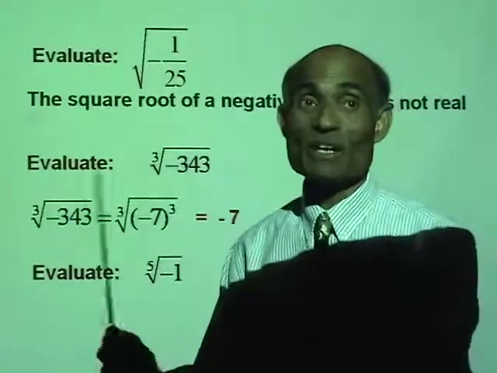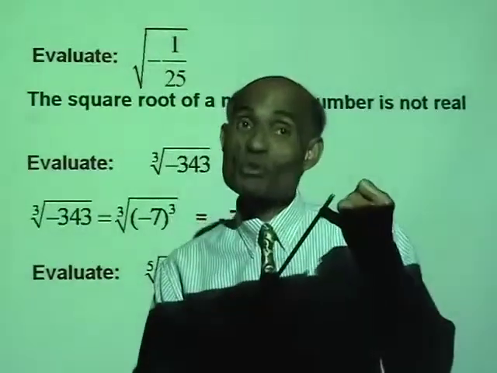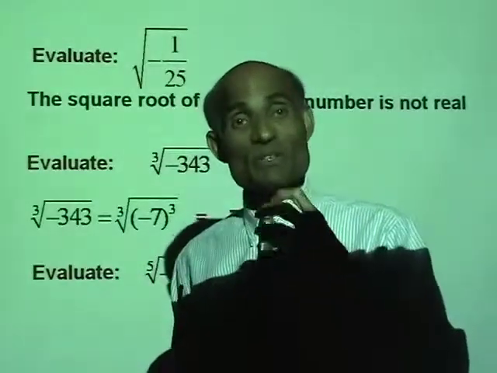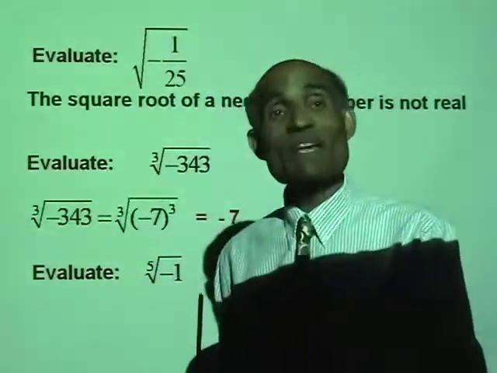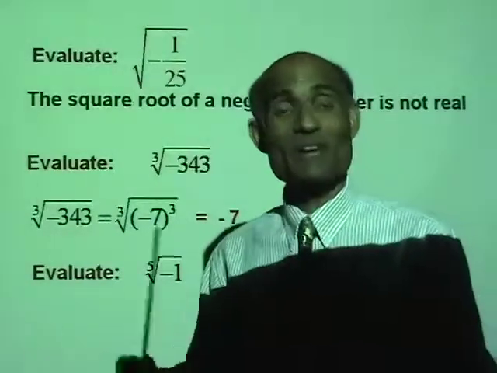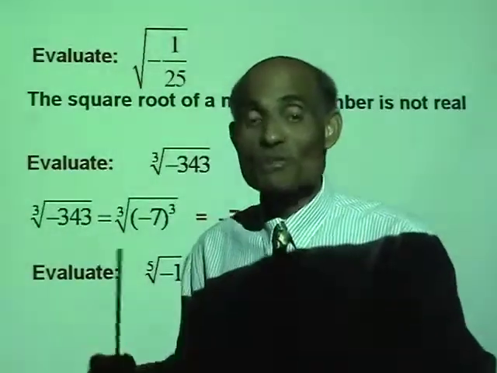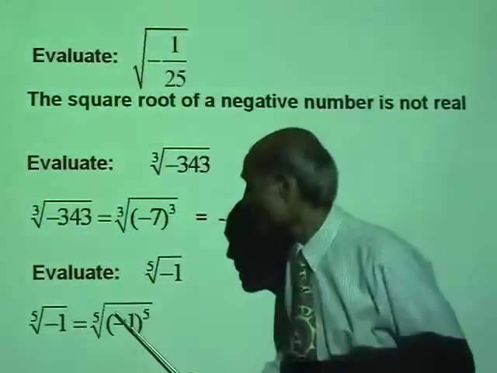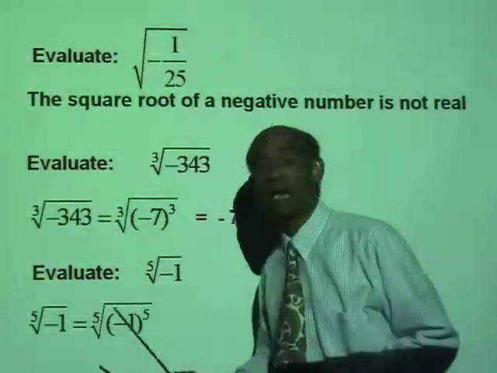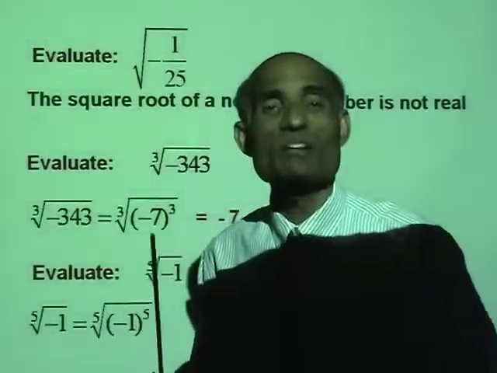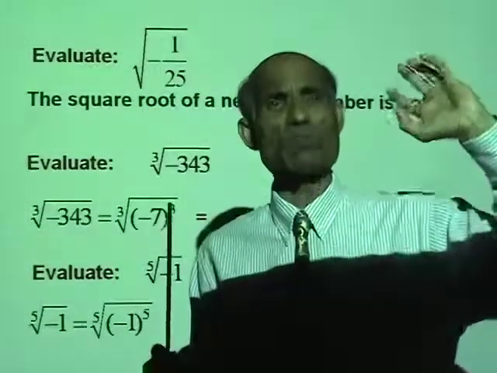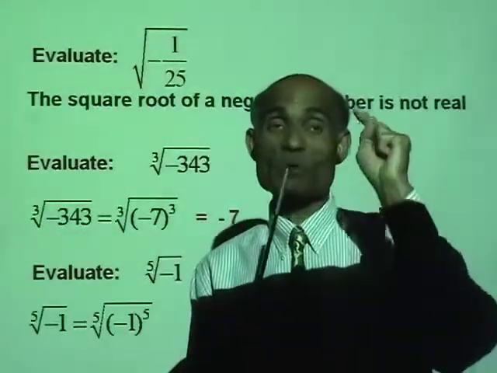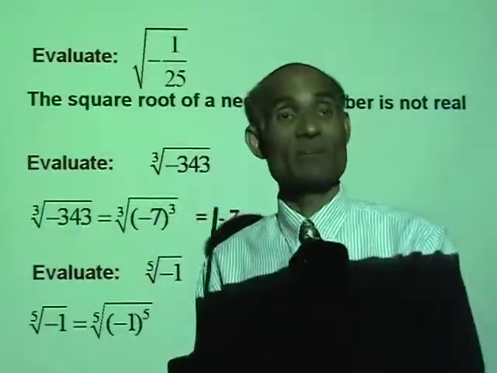You see, earlier I showed you the cube root of negative 1 is negative 1. The fifth root of negative 1 is also negative 1. The seventh root of negative 1 is negative 1. You see, I can write negative 1 as negative 1 raised to any odd power, because negative 1 raised to the power of 3 is negative 1.